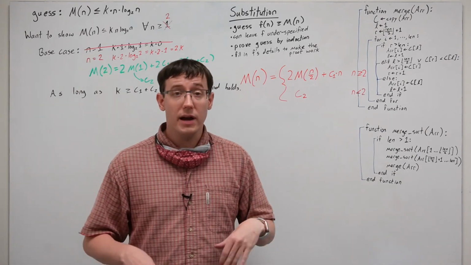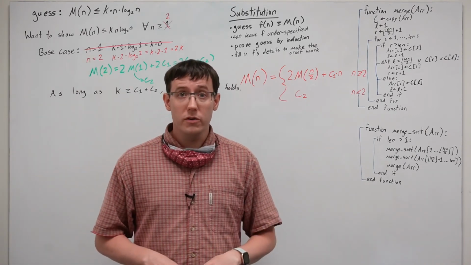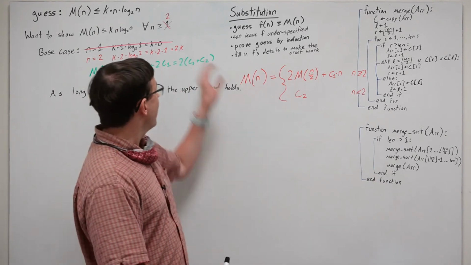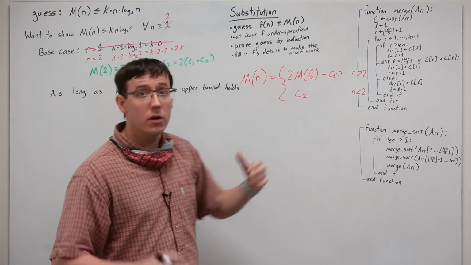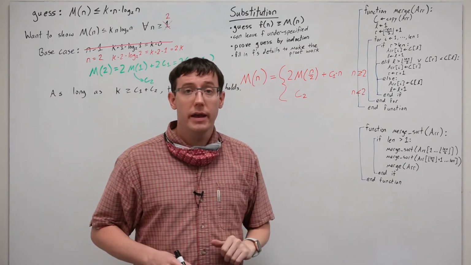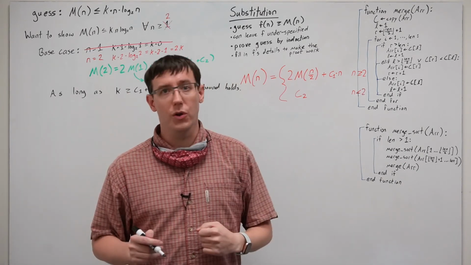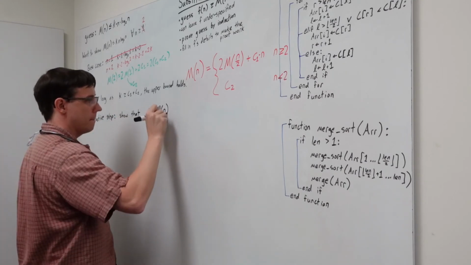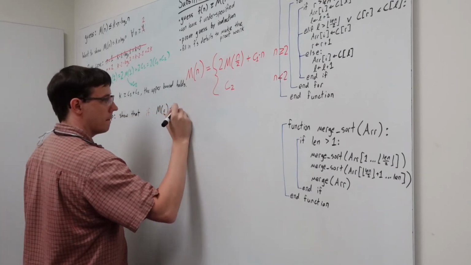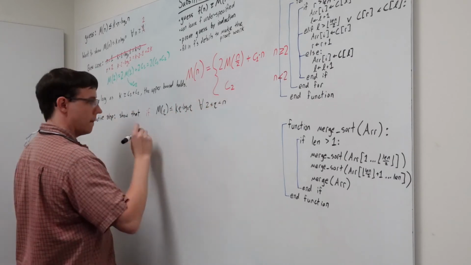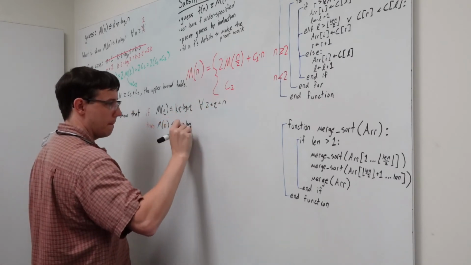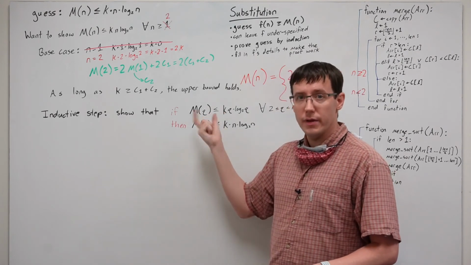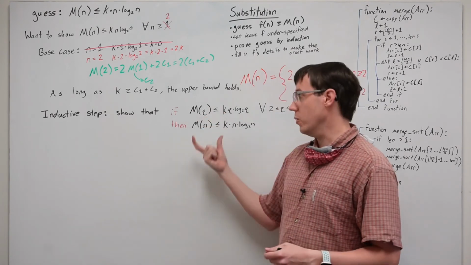Now that we have our base case, we want to do an inductive step where we assume that our upper bound holds for smaller values of n and show that that implies it will hold at n. To show this implication, we hypothesize our if and try to arrive at our then.